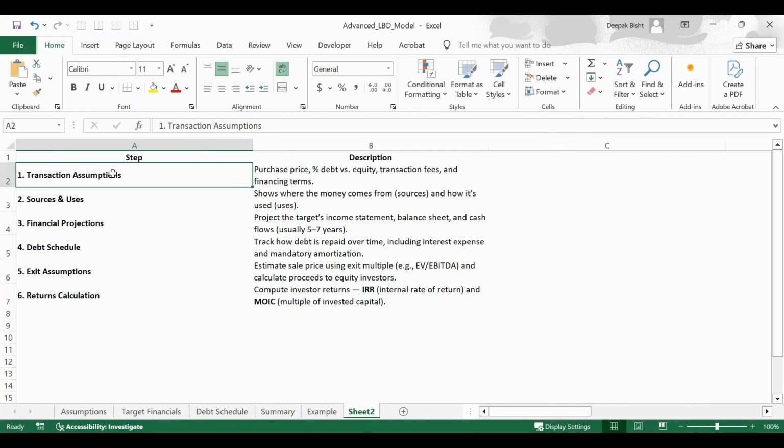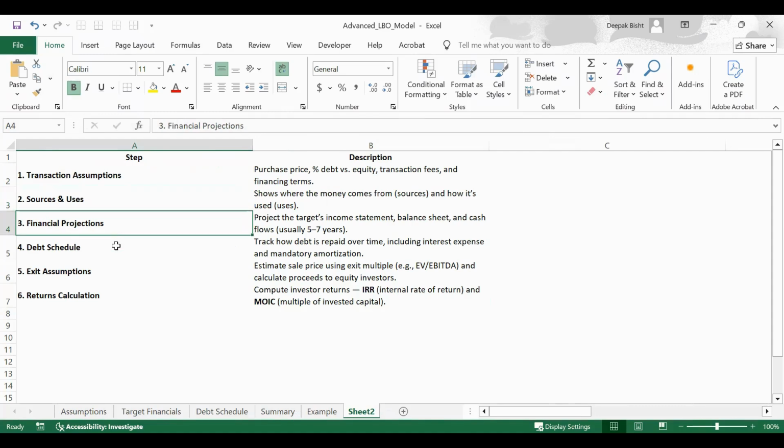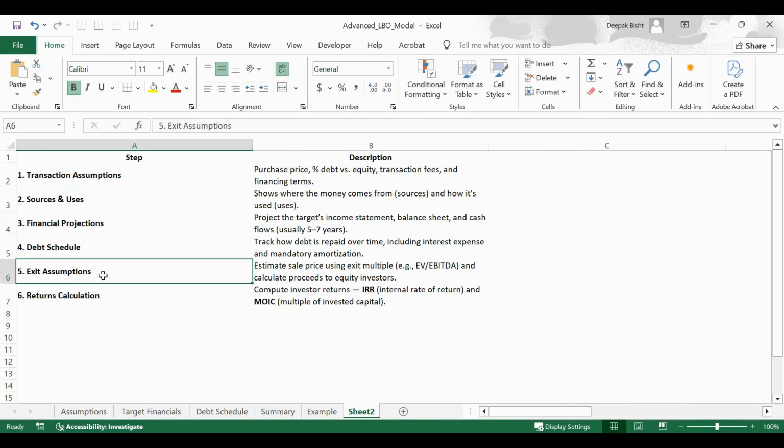We assume the transaction, we look into the sources and uses of cash, we do the financial projection, we prepare a debt schedule, we calculate our exit assumptions, and we calculate our return on the capital.